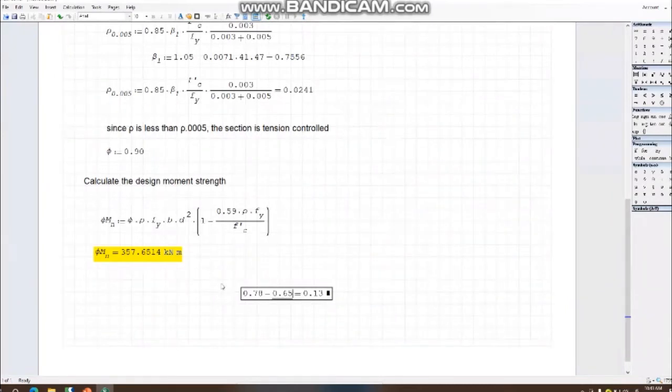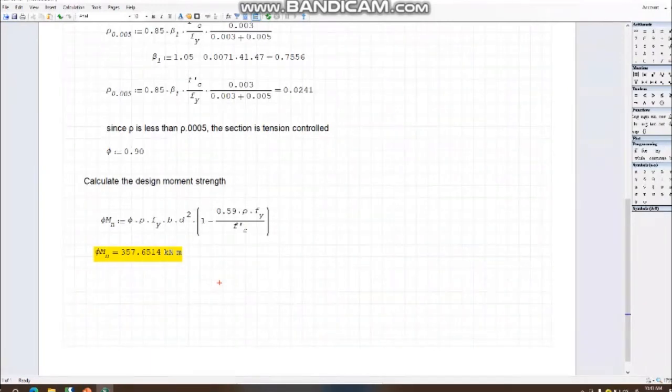Okay, so that is how you determine the moment capacity in method 1 if your steel yields. But what if our steel does not yield? The calculation is simple if our steel yields, if your Fs is equivalent to Fy.